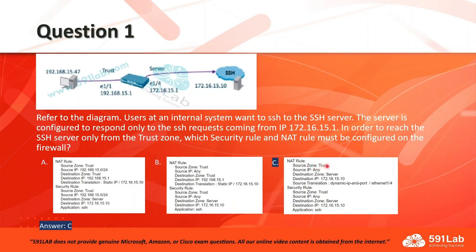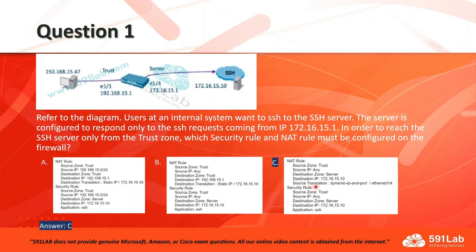Source zone is trust, source IP is any client, destination zone will be server, destination IP will be the targeted server, and the source translation will be dynamic IP and port using Ethernet 1/4.